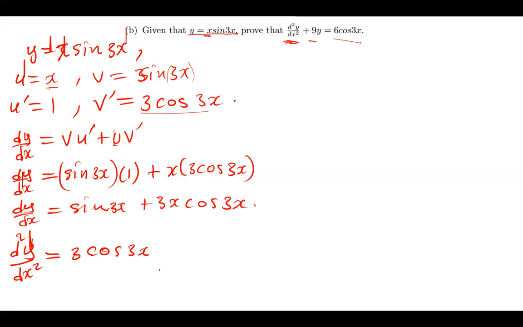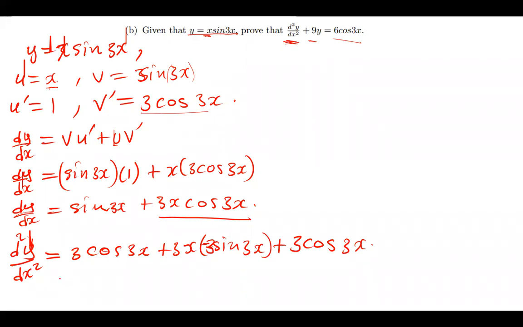Then when you differentiate 3x cos 3x, you have 3x times negative 3 sine 3x, plus 3 cos 3x. I've just used the product rule to differentiate this part.